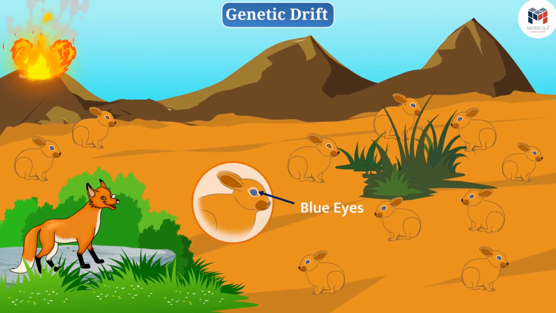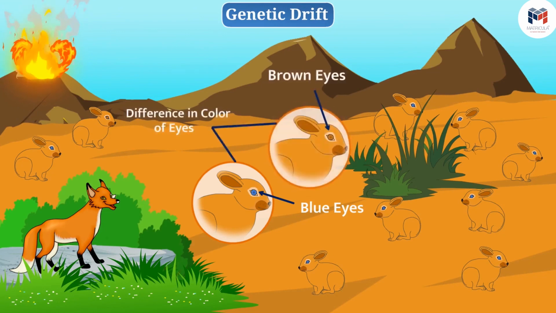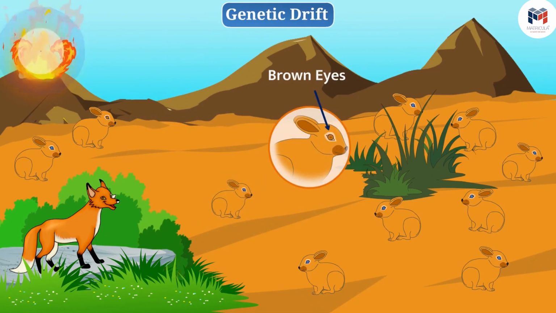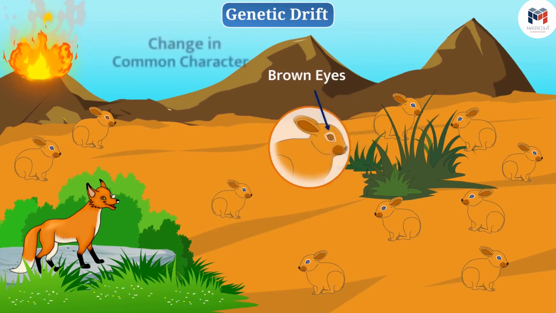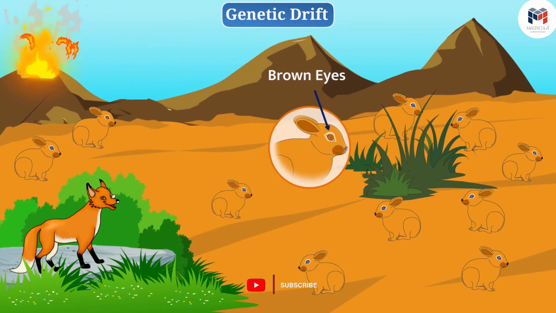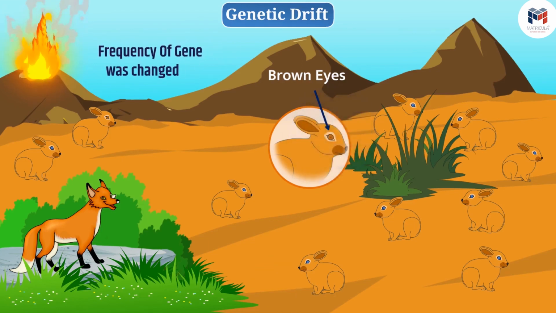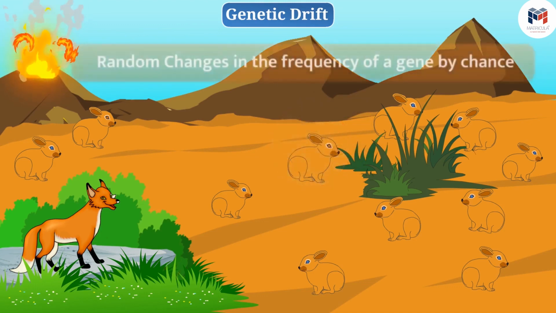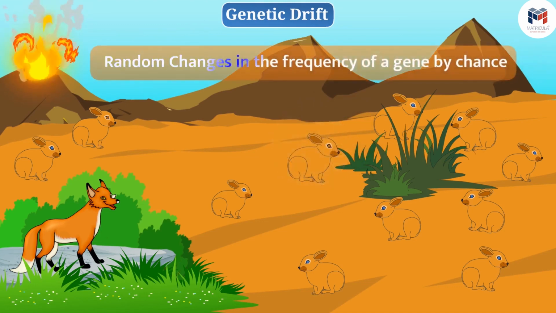In this situation, the difference in the color of the eyes did not help in survival. Here, due to an accident, there was a change in the common character of the eye color, that is, brown. In other words, we say that due to accidents, the frequency of genes of brown color was changed. In this way, random changes in the frequency of a gene by chance is called genetic drift.